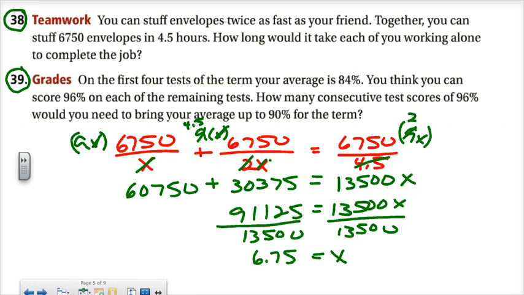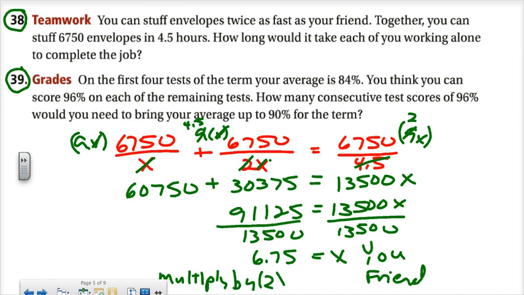So that's you. You're the fast one. For your friend, we need to multiply that by 2. So 6.75 times 2 is 13.5 hours.